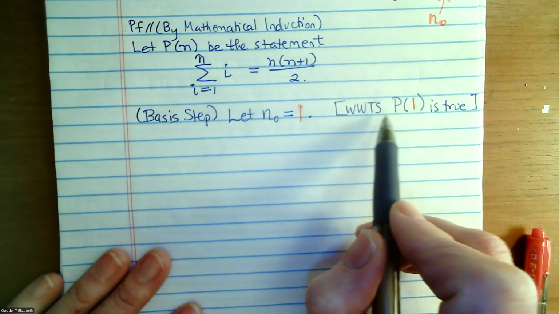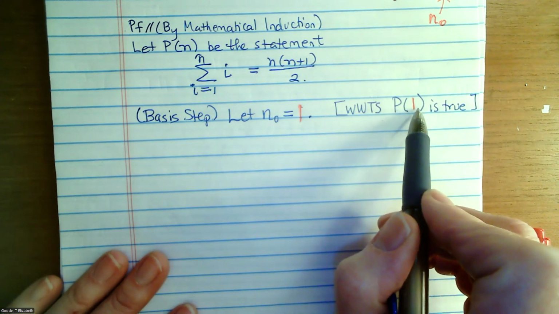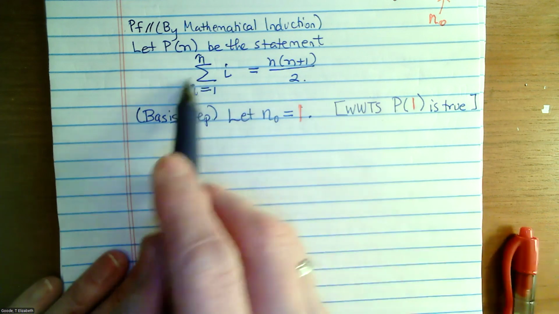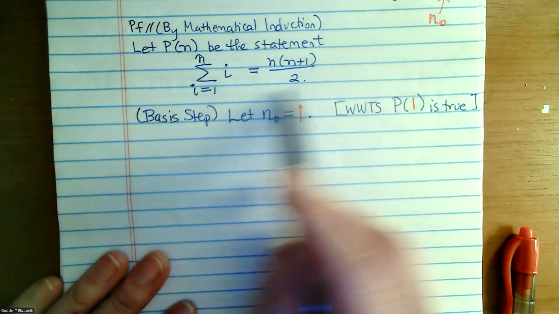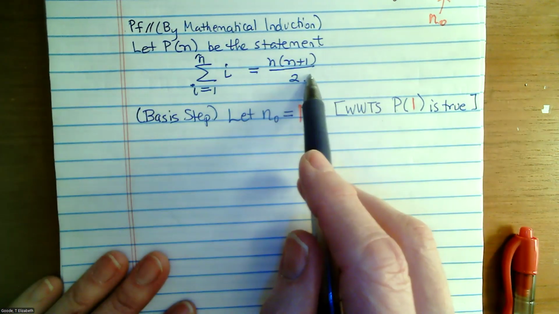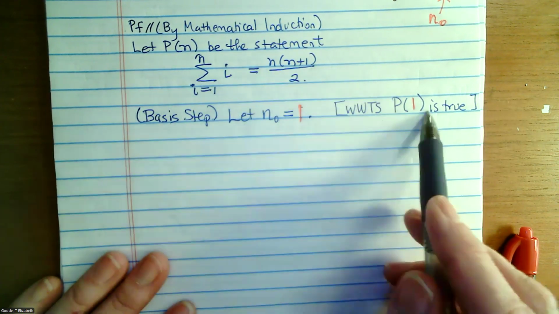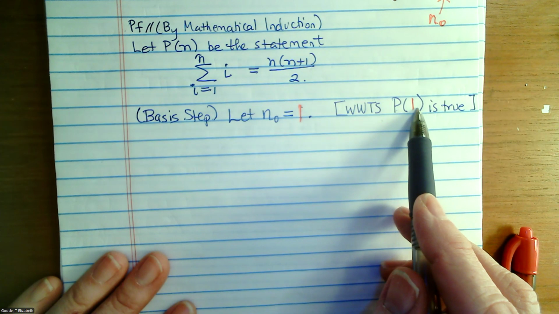So when we say we wish to prove P of 1, we have to figure out what P of 1 actually is. P of 1 is this statement, P of n, except wherever there's an n, instead we put a 1.